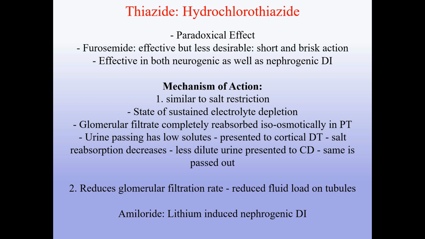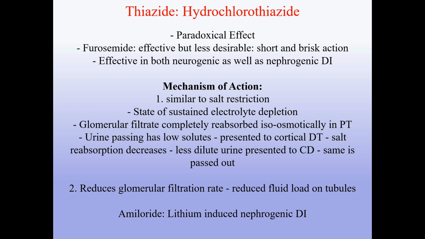Thiazides, such as hydrochlorothiazide, provide a paradoxical effect. Furosemide is effective but less desirable, with a short and brisk action. Thiazides are effective in both neurogenic as well as nephrogenic diabetes insipidus.